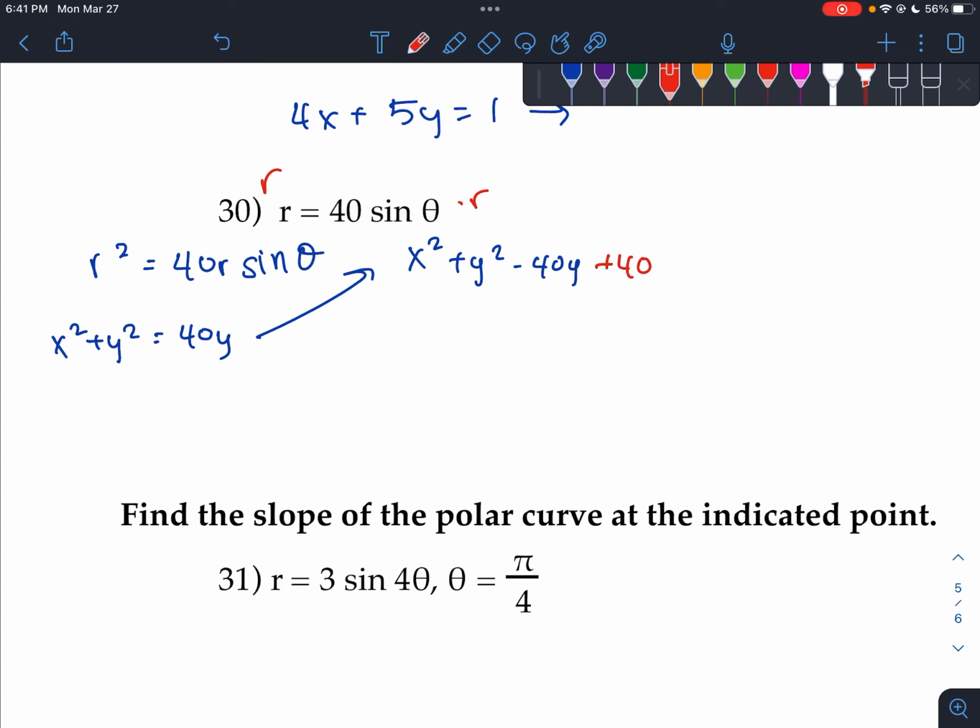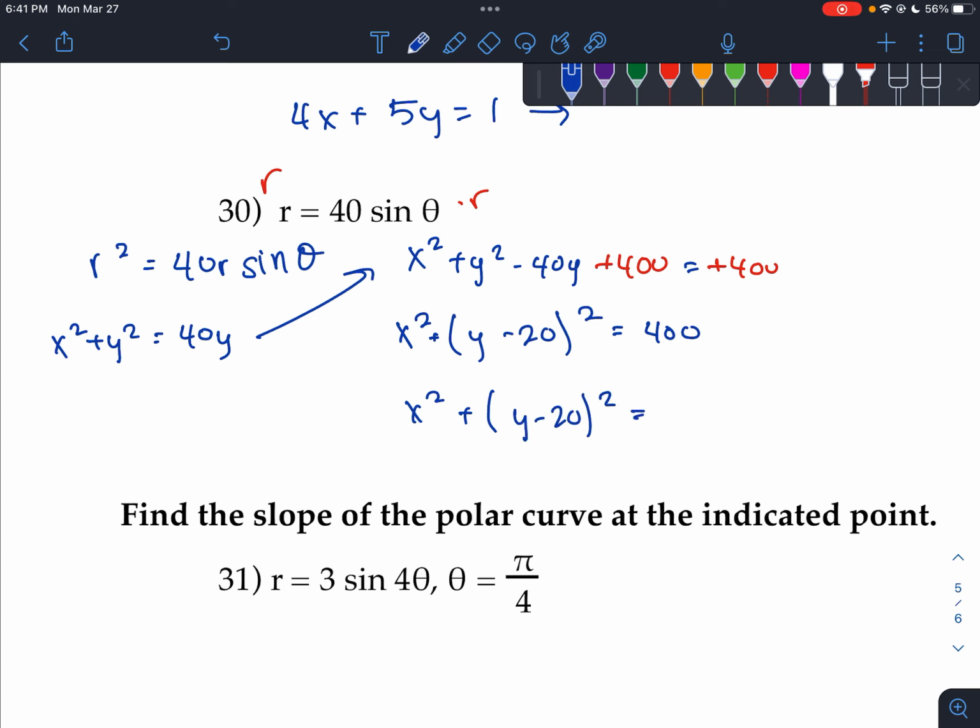So plus 4, and that's going to be equal to positive 4 here. Okay, and then you can write this as a perfect square. So you could say y minus 2 squared is equal to 4. And so you have x squared plus y minus 2 squared is equal to 2 squared. So there you go. It's a circle equation with the center at 0, 2, and the radius is 2.